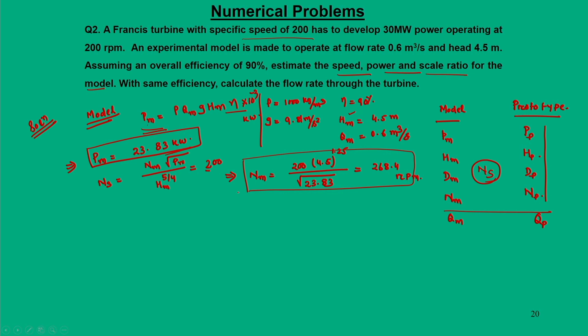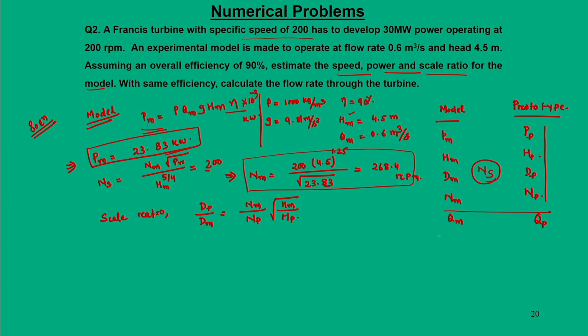Third answer, scale ratio. So, scale ratio, that is dP by dm is equal to Nm by Np square root of Hm by Hp. But what we do not know is for the prototype.